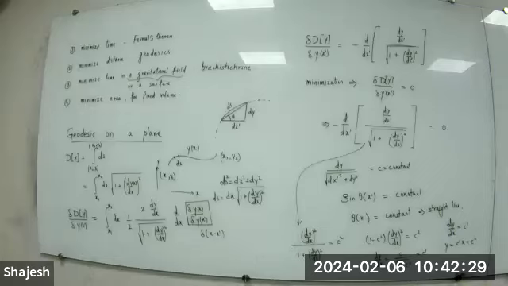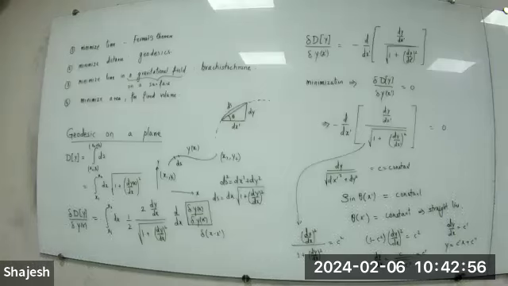So let me do two steps. Half m (ds by dt) squared is equal to mg (y1 minus y). So m cancels out.